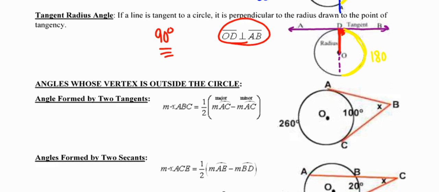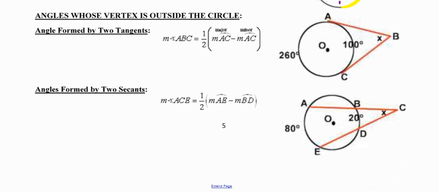Let's go ahead and take a look at what happens when the vertex is outside of the circle. In the case of the angle that's formed by two tangents, notice that the vertex of the angle is outside the circle. The degree measure of that angle is going to be half the difference of the two arcs.